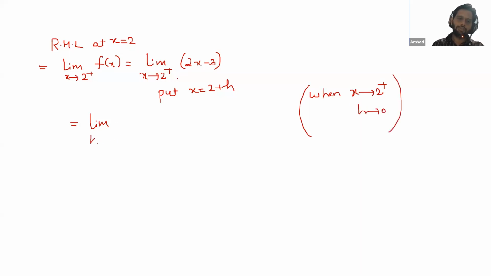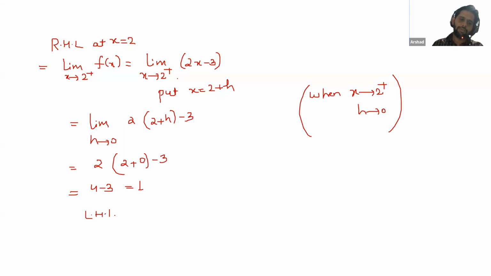So limit h tends to 0 of 2 times (2 plus h) minus 3. Now you can put this limit, so you will get 2 times (2 plus 0) minus 3. Open this bracket: 4 minus 3, so this is equal to 1. So that means LHL at x is equal to 2 is equal to RHL at x is equal to 2.